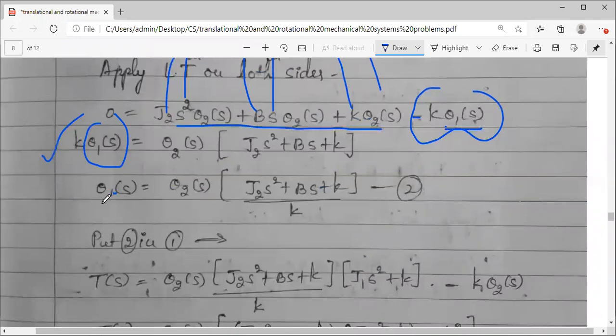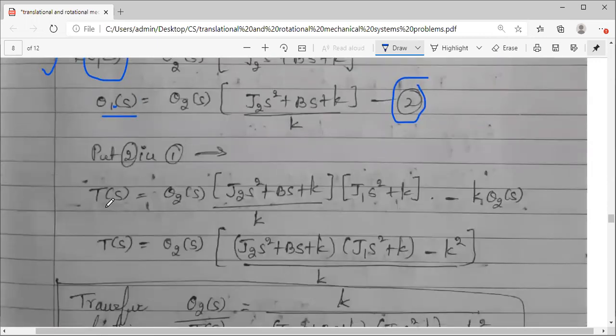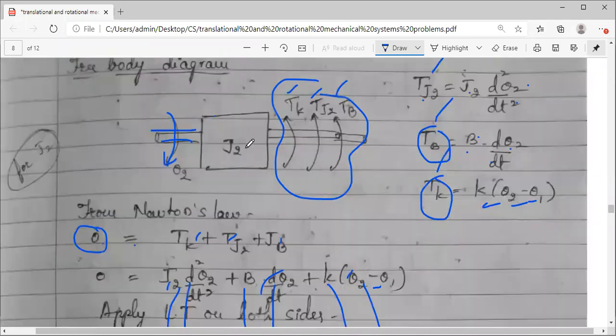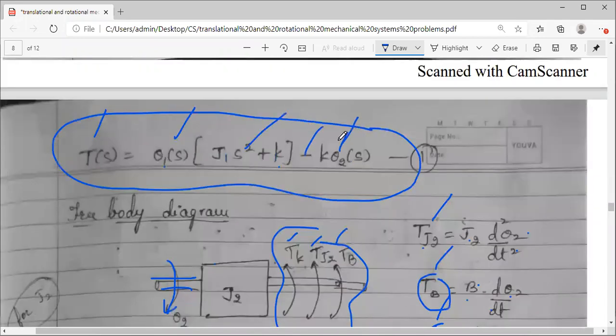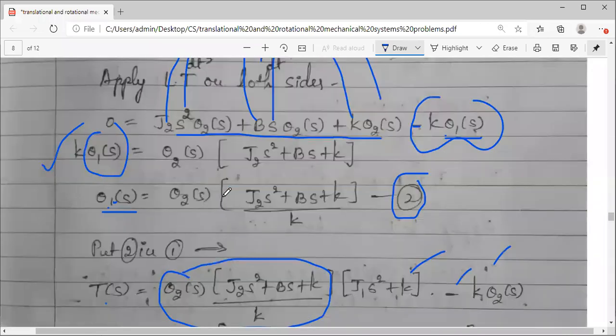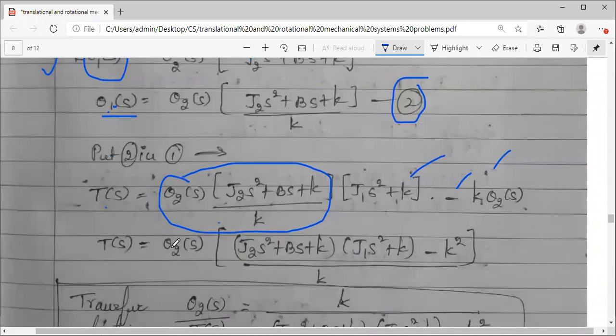So if I take out the equation for theta 1, just denote it as equation 2, substitute this equation 2 in equation 1, I will get T of S is equal to whatever theta 1 is there, this is theta 1 I have substituted, and the remaining terms are as they are. Just for theta 1 I have substituted the value. So if I substitute theta 1, you will get this.